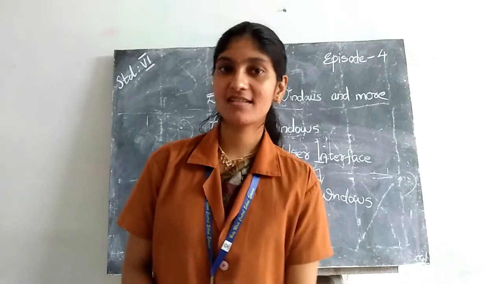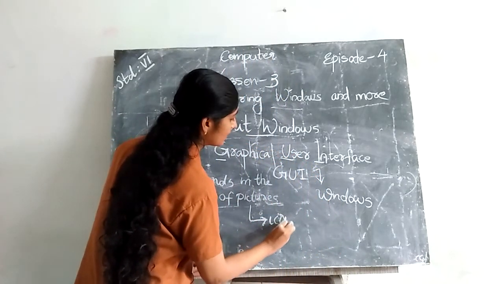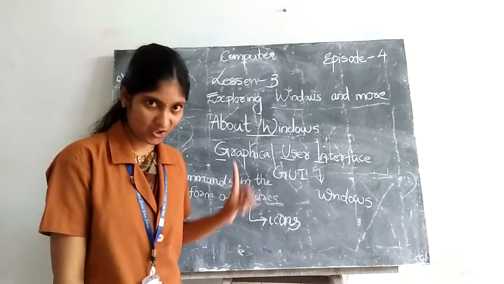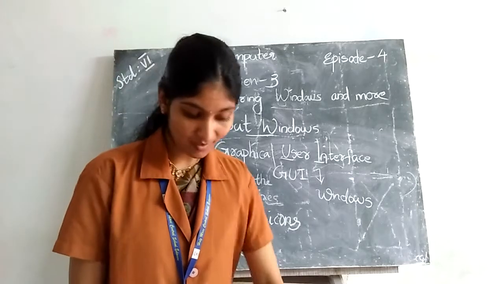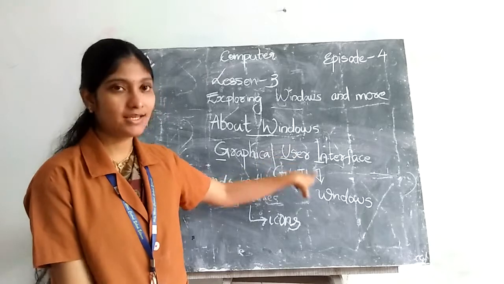So in a graphical user interface, commands are used in the form of pictures, and those pictures are known as icons. So that is a graphical user interface.